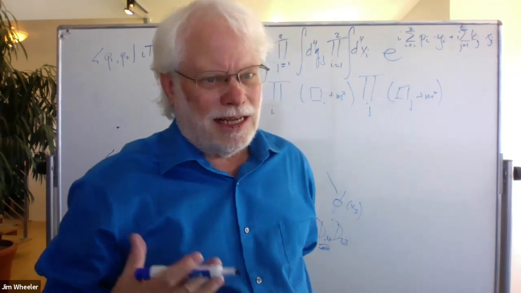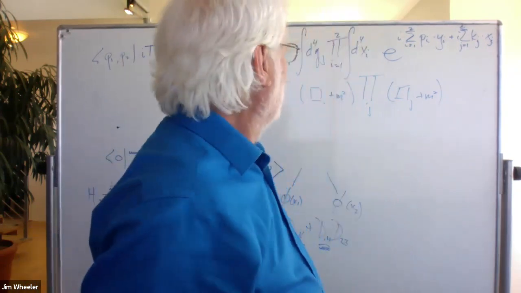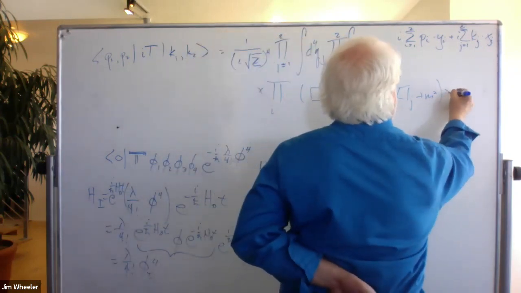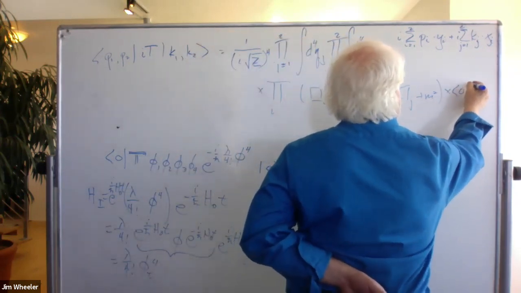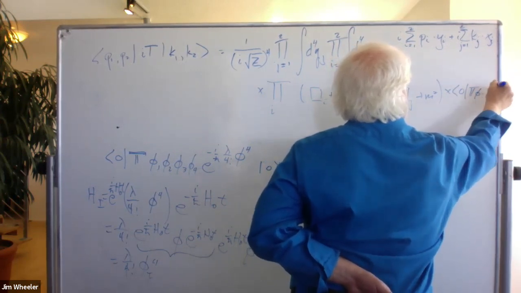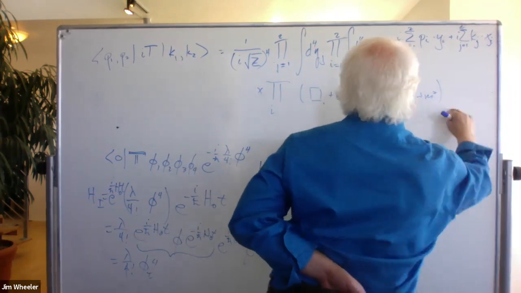They're all the same mass because they are all the same particle. And then we have our vacuum expectation value here, p phi's, and the interaction in that.